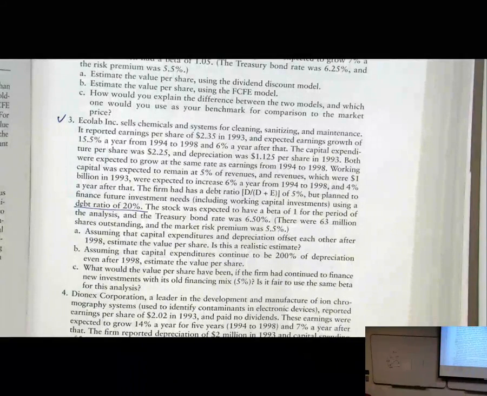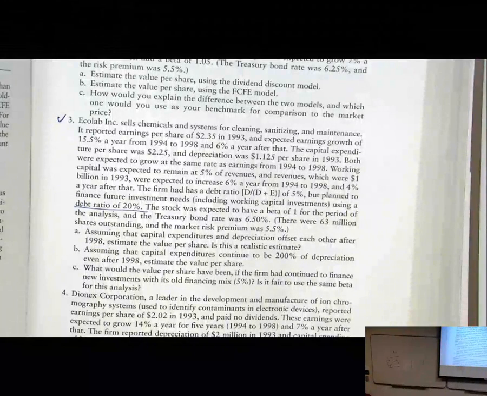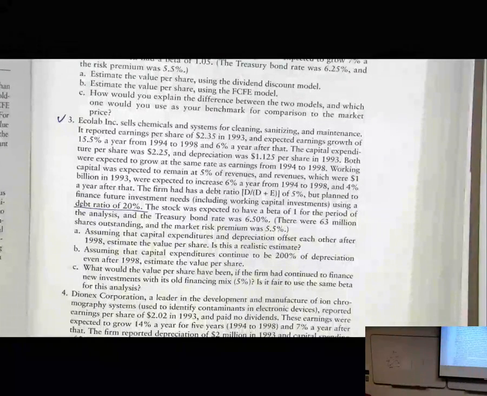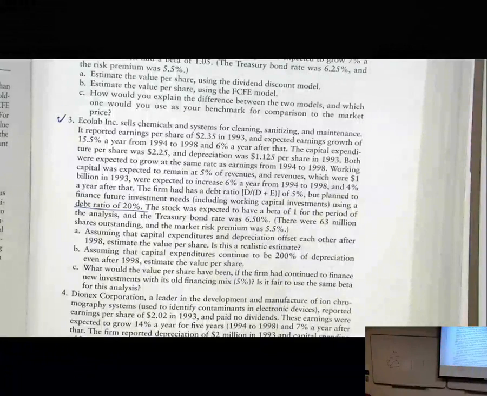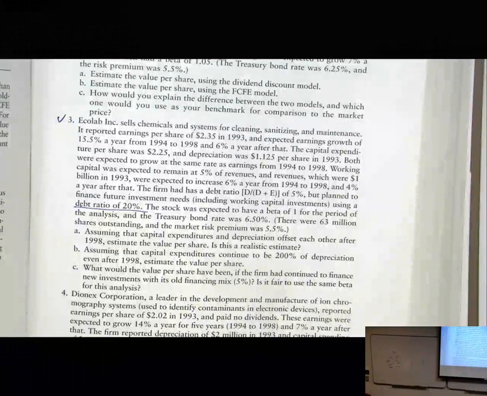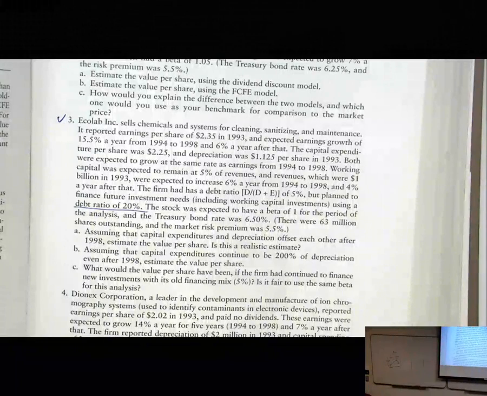Capital expenditure per share is $2.25, depreciation $1.125 per share. Both are expected to grow at the same rate as earnings from 1994 to 1998. Working capital is expected to remain 5% of revenue. Revenue was $1 billion in 1993. Expected to increase 6% in the high growth time period, right, for sales, and 4% a year after that.